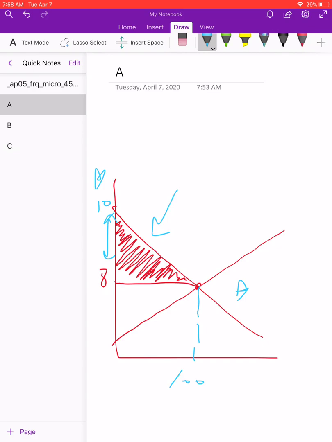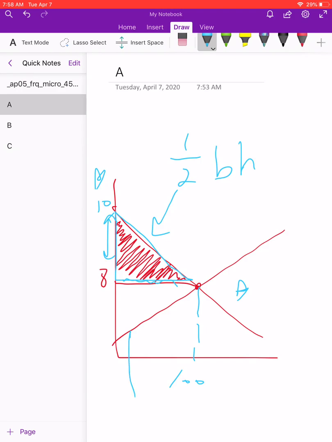Consumer surplus then represents the aggregate. It means the entire amount. And so what we do is solve for the area of this triangle to represent the total. One half of base times height is how we solve that. Your base then is 100, right?